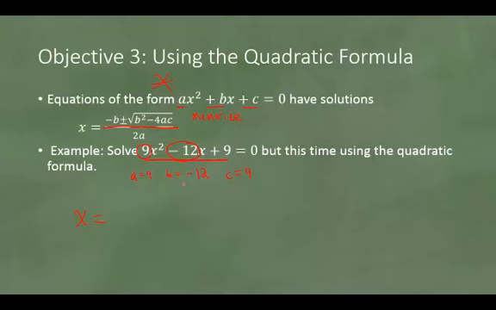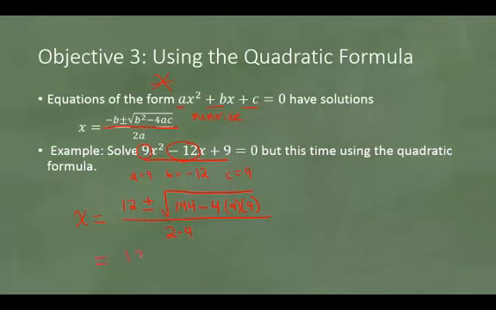x is equal to negative b, or negative negative 12, which is positive 12, plus or minus the square root of b squared. Negative 12 squared is 144, minus 4 times a times c, in other words, 4 times 9, all over 2 times a, all over 2 times 9.